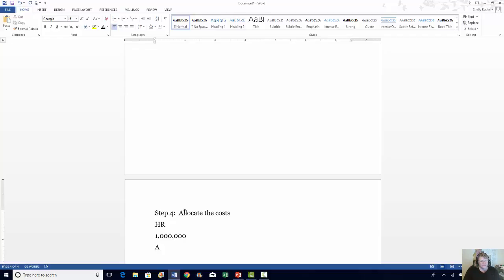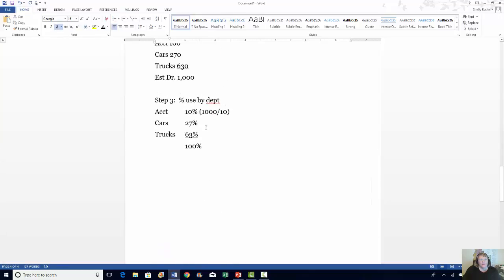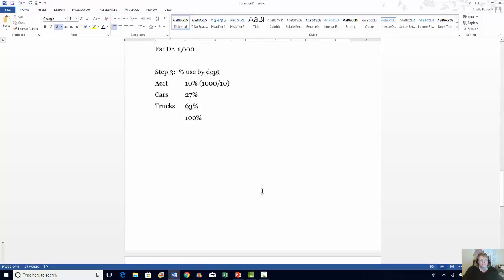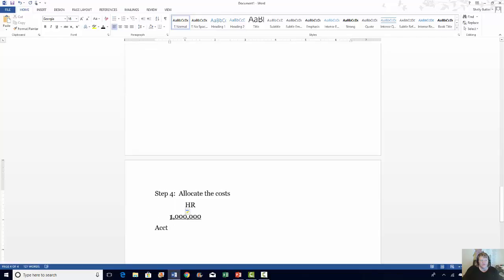And accounting, I'm going to tab these over so that it looks better. Accounting is 10% of this 1 million. So it is, I'm going to tab it over one more time just so it looks better.